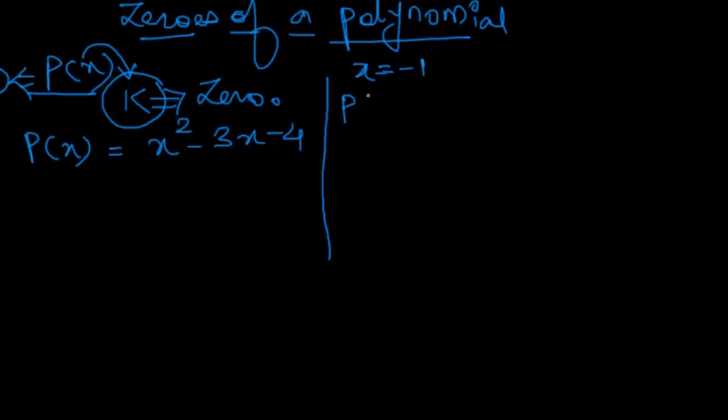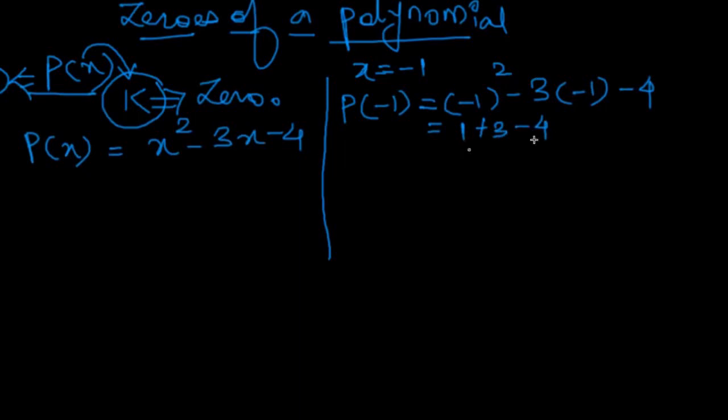Your polynomial will now be p of -1, and all the x will be replaced by -1. So (-1) square minus 3 times (-1) minus 4. You can see (-1) square is always positive, minus minus becomes plus 3, and this is minus 4. So ultimately the answer will be 1 plus 3 minus 4, which is 4 minus 4, and you get the answer as 0.